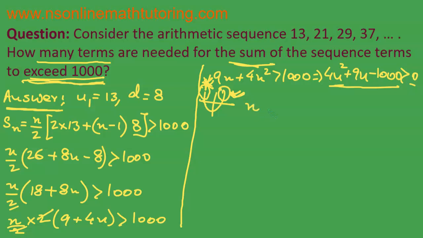That is n is equal to minus b, that is minus 9, plus minus under root 9 square, b square, which is 81, minus 4 times a, which is 4, times c, which is negative 1000.